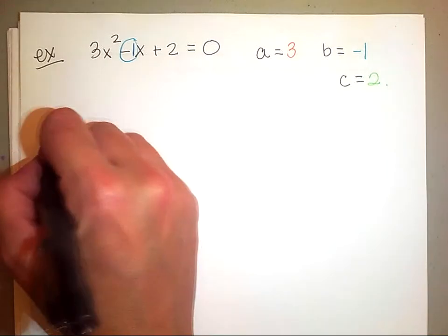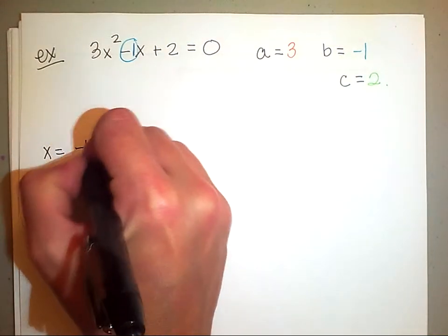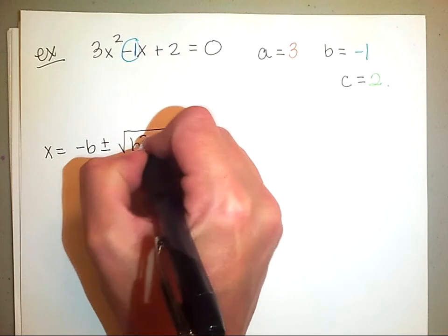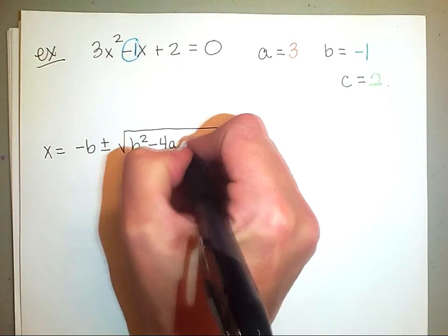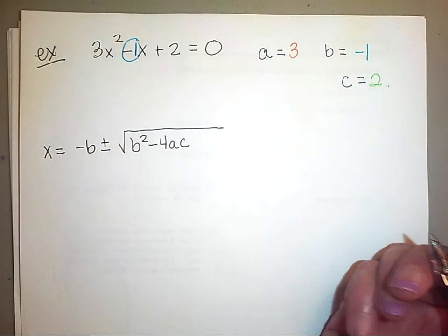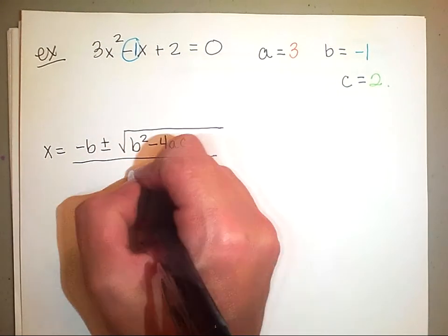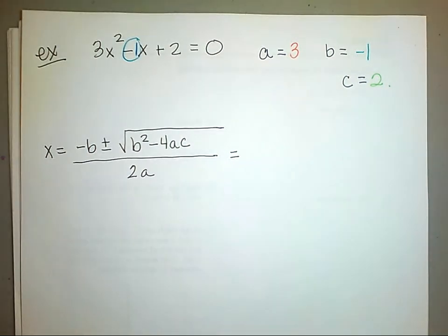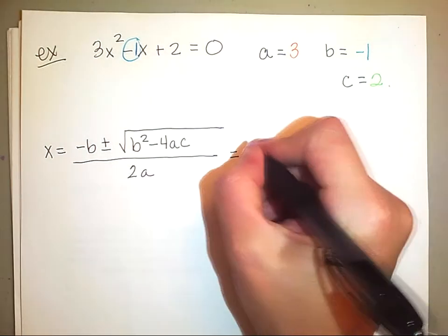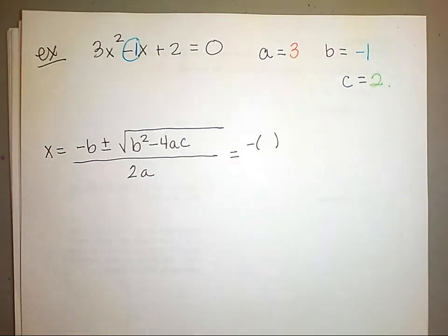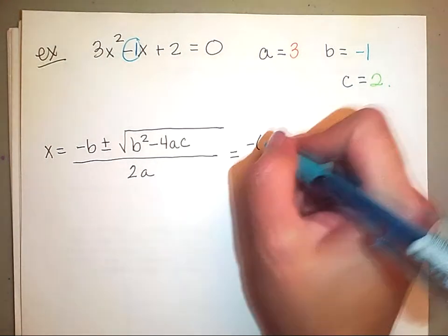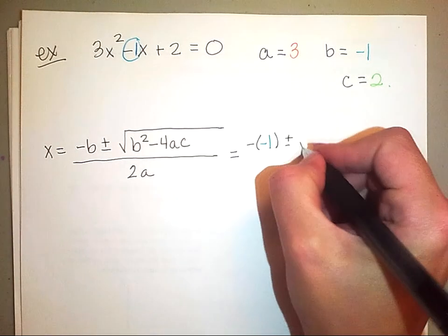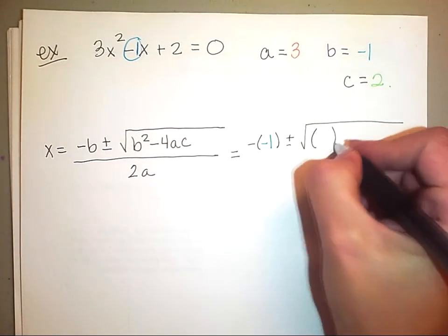Okay, so now let's write down our quadratic formula. x must be equal to negative b plus or minus the square root of b squared minus 4 times a times c, that entire thing divided by 2 times a. Alright, let's begin substituting. Negative b is negative negative 1. Then plus or minus the square root.